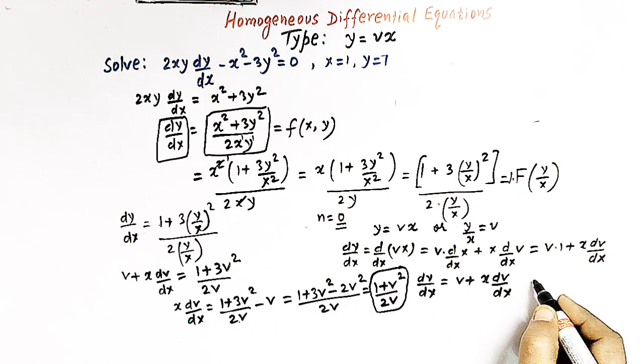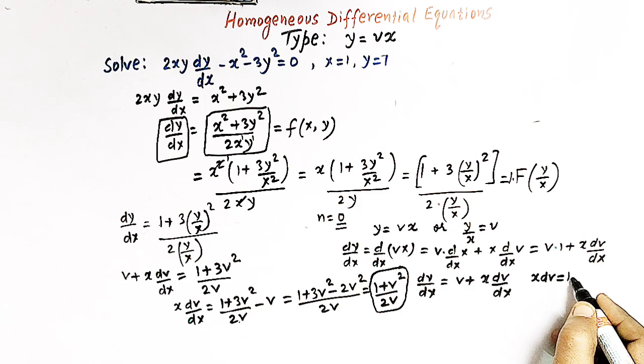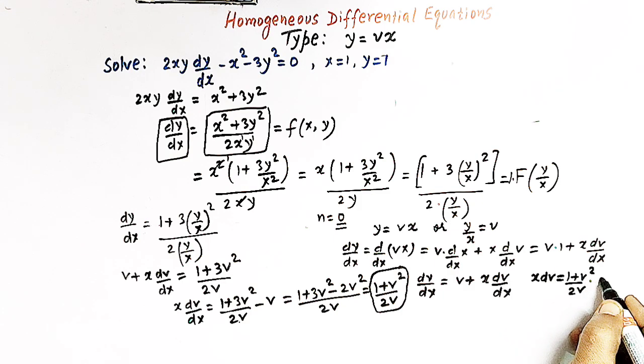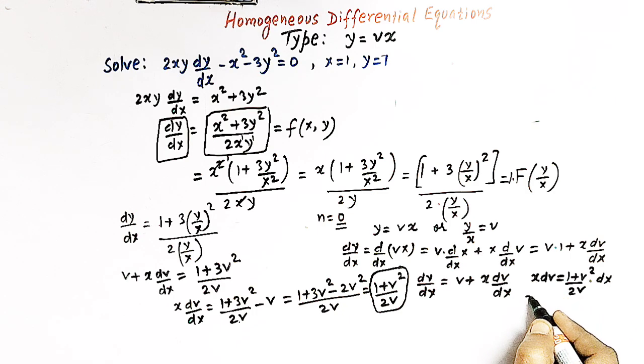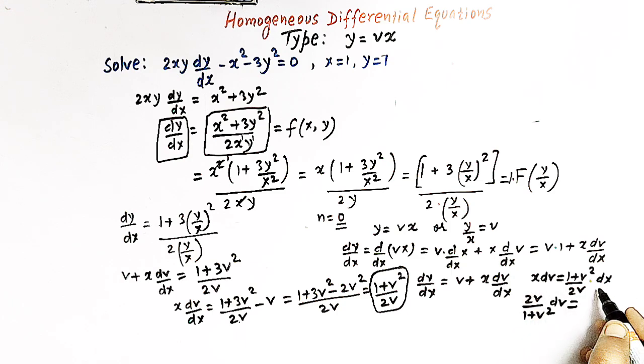So we can now write x dv is equal to 1 plus v square over 2v, and here we can write dx. So let us take a 2v to this side, and then 1 plus v square to the denominator, and here we have dv, and taking x to the denominator of dx, so we have dx over x.